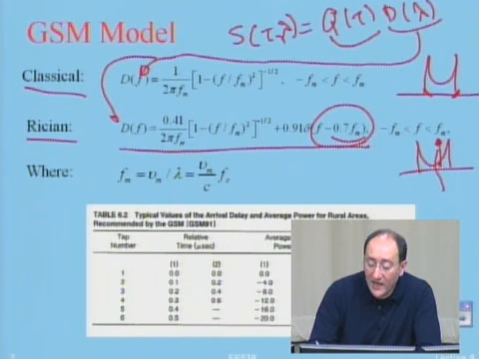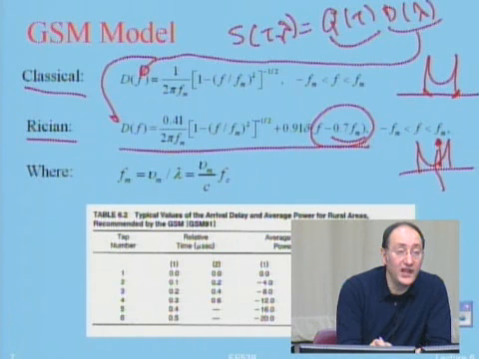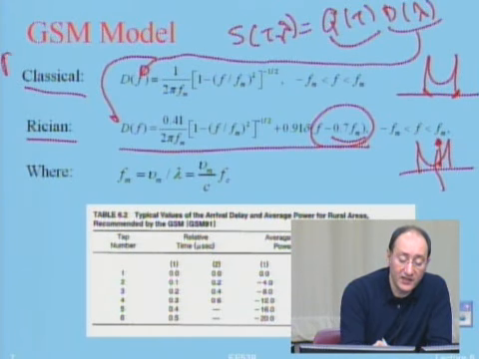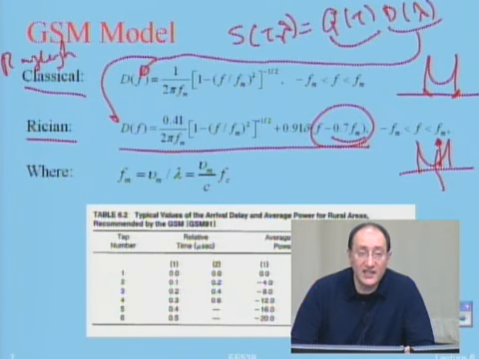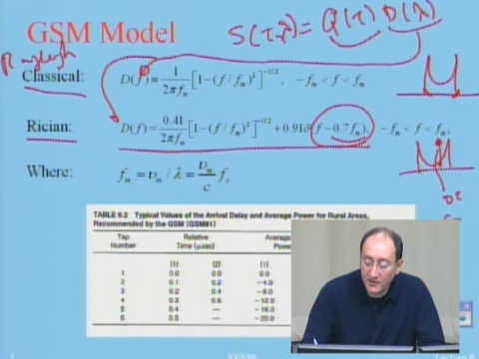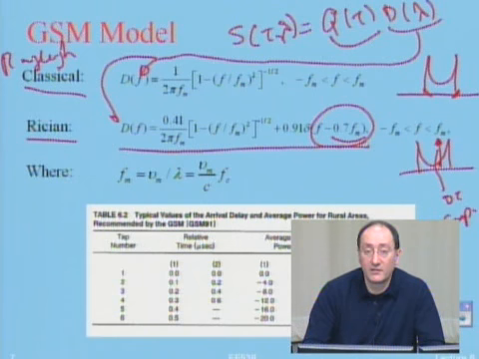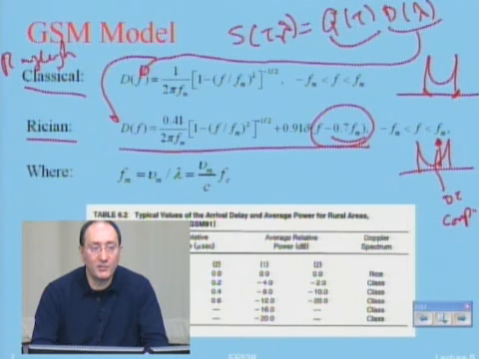This one, if you remember, classical is equivalent to Rayleigh fading. So this is Rayleigh. And the difference between Rayleigh and Ricean was a DC component. Ricean is a Rayleigh with a DC component. This is that DC component. So if you simulate your channel, if it is Ricean, you have a DC component plus Rayleigh variations.